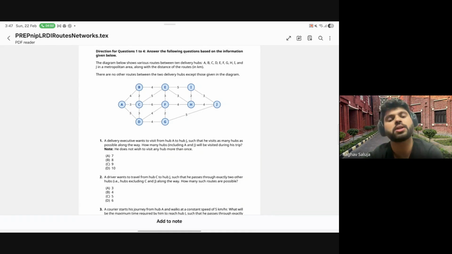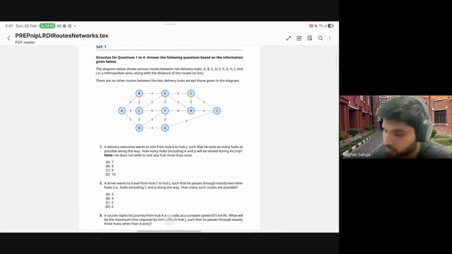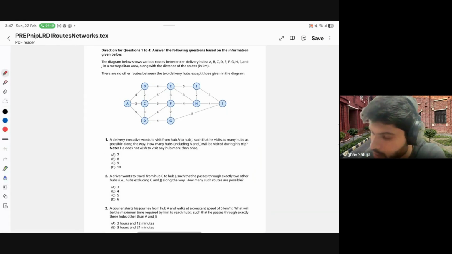But in routes and networks, what is the most important basic first? So the first basic is every circle that you see here, this is a place or a hub. A line that you see between two hubs means there is a direct route between both of them.